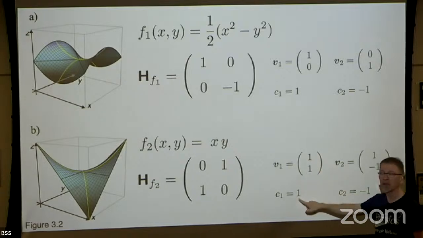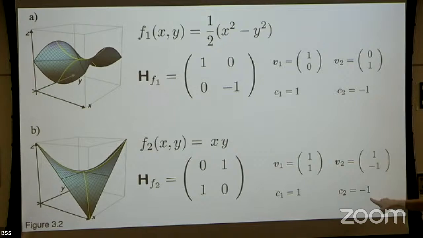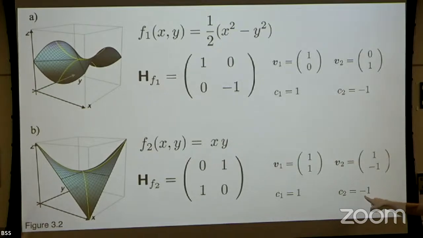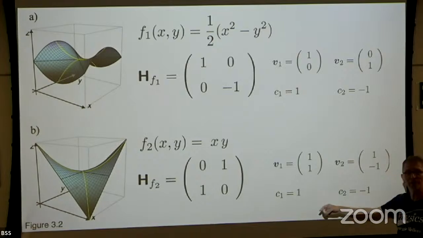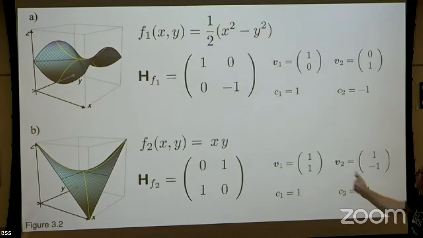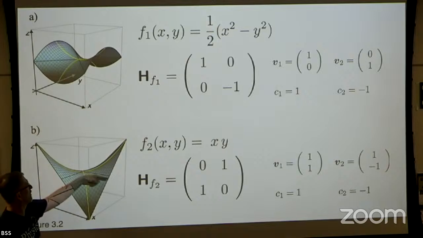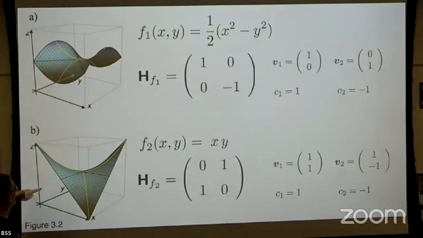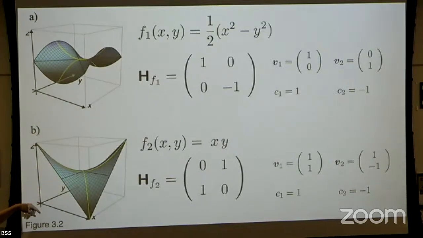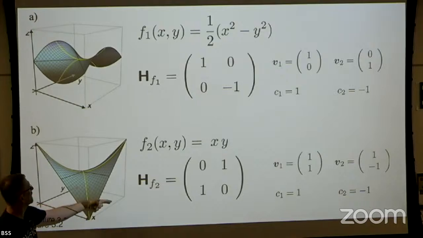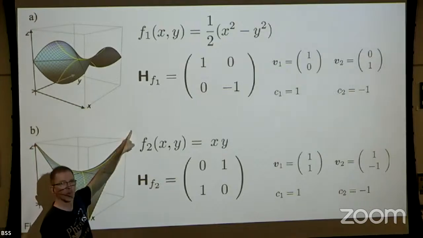So the eigenvalue here is 1. If I take that matrix multiplied by this, I get this thing back with a minus 1. And so the eigenvalue here is minus 1. So I get the same principal curvatures, 1 and minus 1, but very different principal directions. Looking at this, along the x direction, for instance, the surface seems flat. Along the y direction, the surface seems flat. But along the 1, 1 direction, which is here, I indeed again curve up with curvature 1.